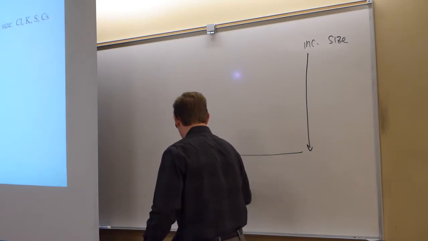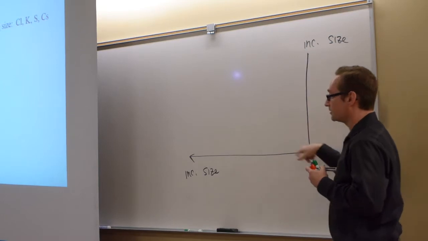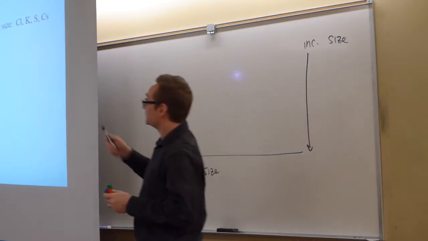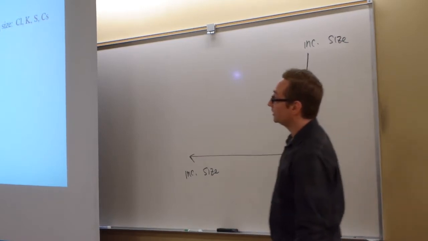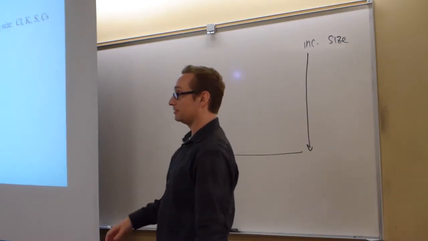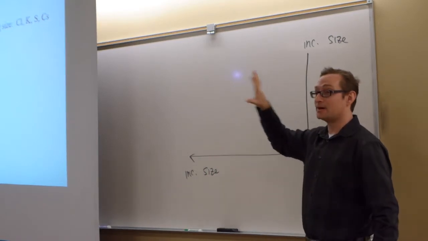Okay, so increasing size, going down and to the left. And then you're going to take those elements and you're going to place them in this diagram. Where would chlorine be in the periodic table? It's as if you were taking this diagram and you're superimposing it onto the periodic table.